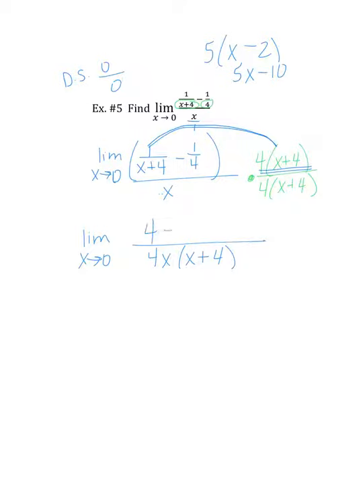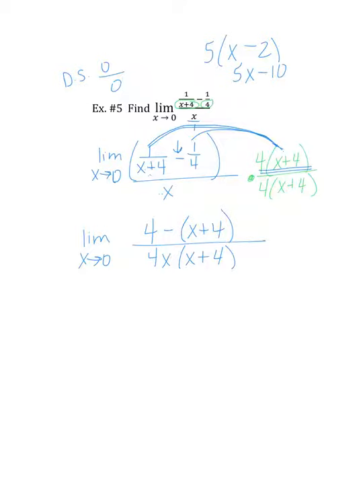I would have a minus because of that. Then when I multiply this, I have to multiply the same thing. Although the x plus 4s cancel when I did it to this term, I have to distribute to this term. In this case, the 4s would cancel, and I'm left with, and be careful, parentheses x plus 4.